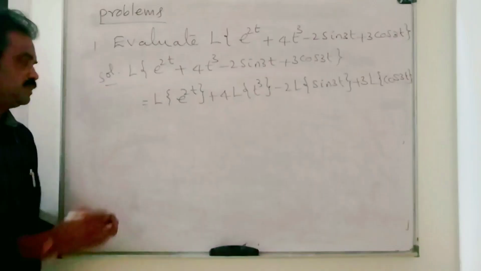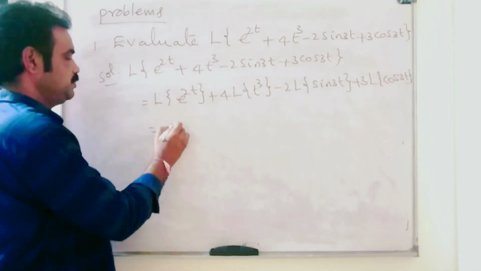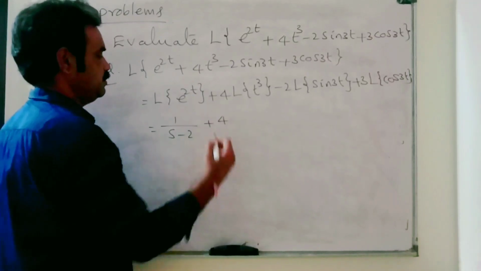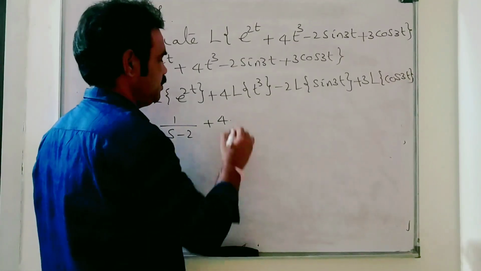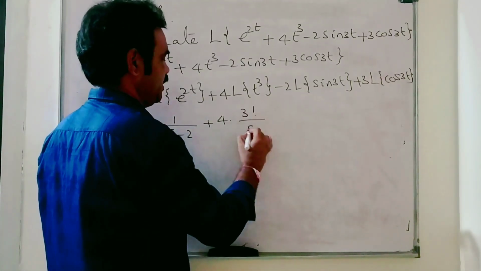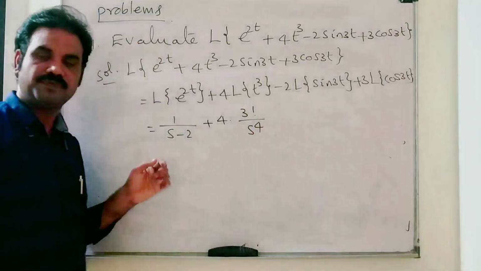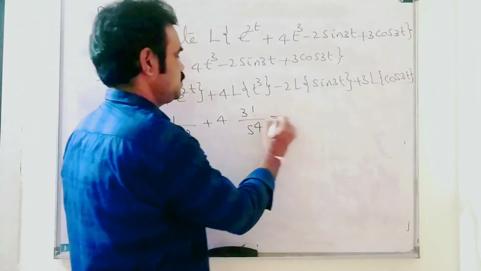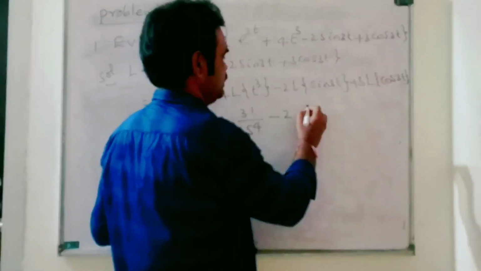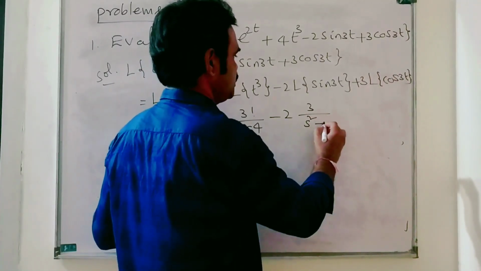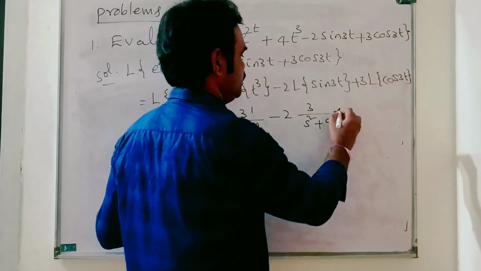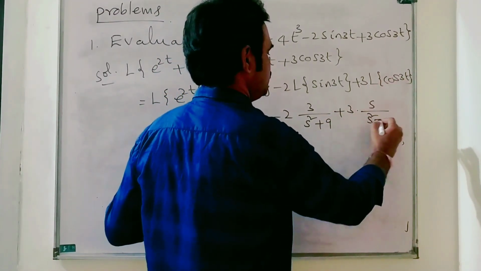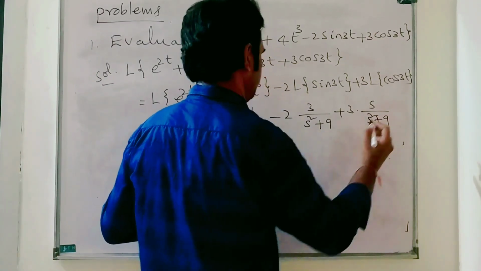L of e power 2t is 1 by s minus 2, plus 4 into L of t cube is 3 factorial by s power 4, since L of t power n is n factorial by s power n plus 1. Minus 2 into L of sin 3t is 3 by s square plus 3 square, that is 9, plus 3 into cos 3t Laplace transform s by s square plus 9.